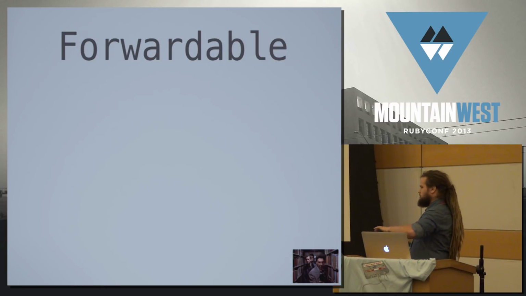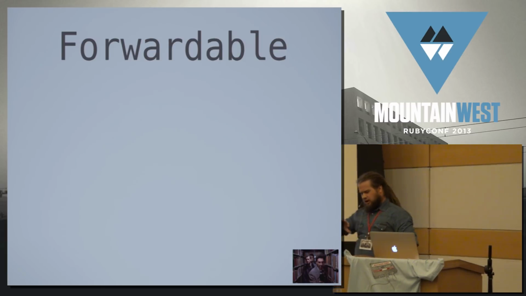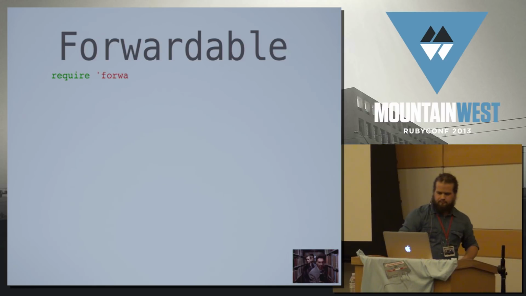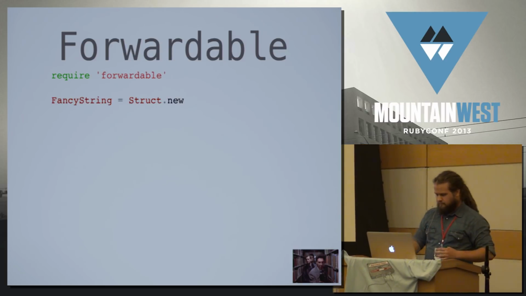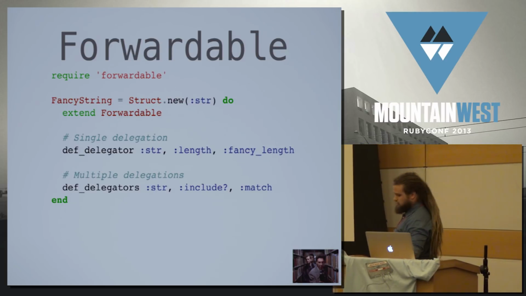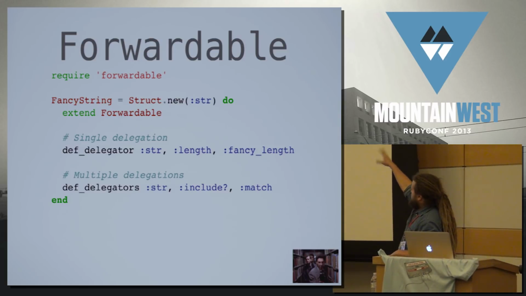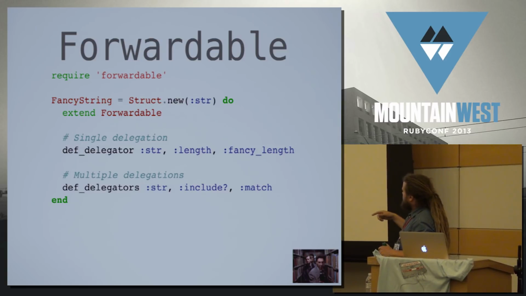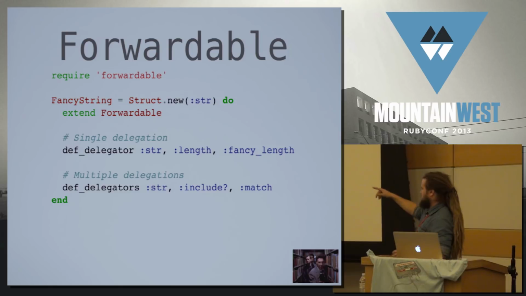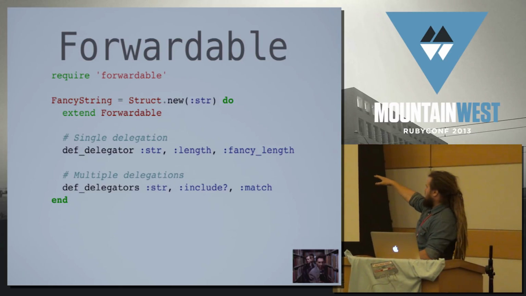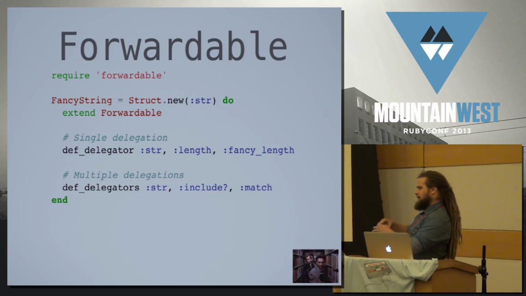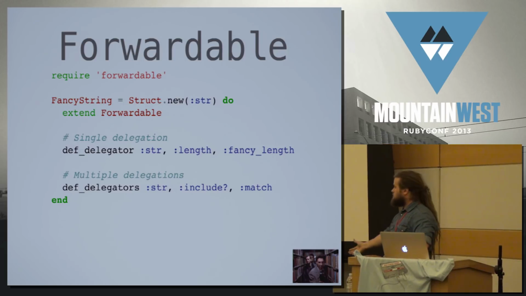SimpleDelegator's friend is Forwardable. This goes the opposite way. So we can require forwardable, and I'm going to use a struct here. It's going to take in a string, and we're going to extend Forwardable, and then you get def_delegator and def_delegators. So def_delegator is just going to delegate a single method while renaming it.